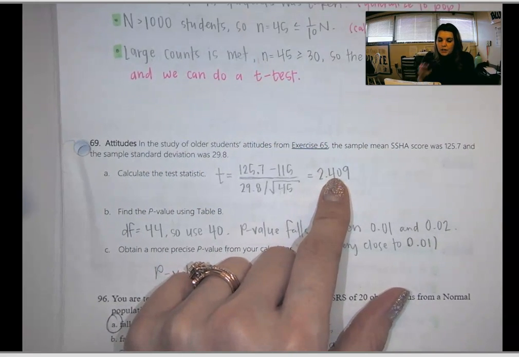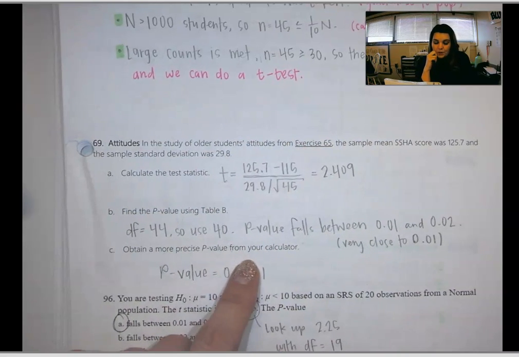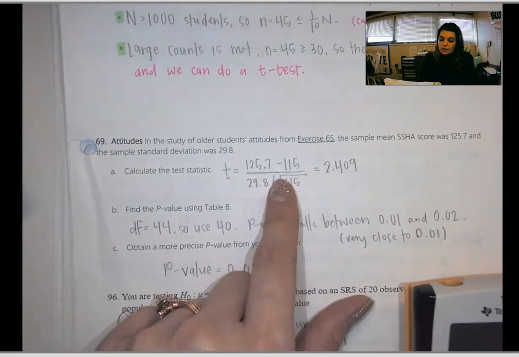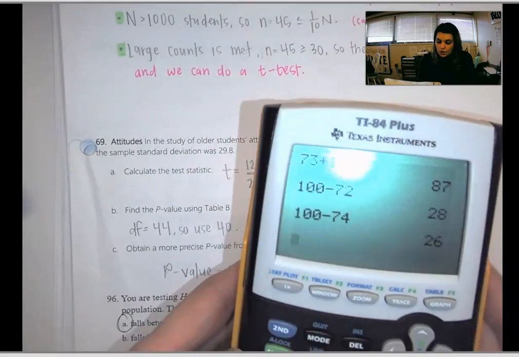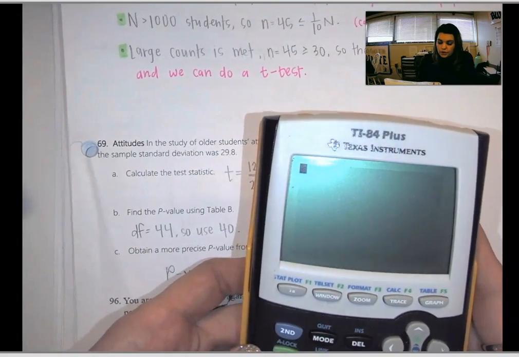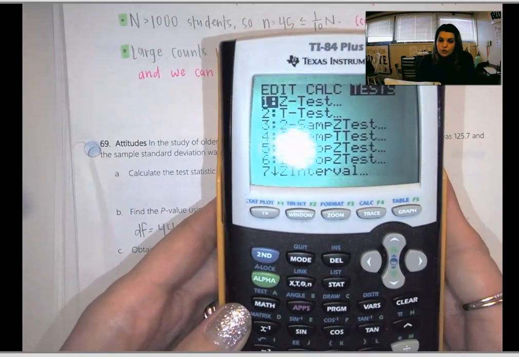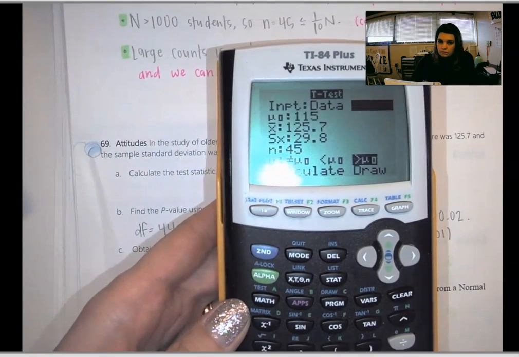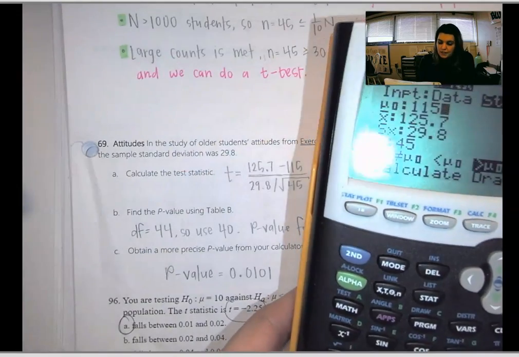Okay, so we calculate our test statistic. And since we know that we're going to need to put this in our calculator, I'm just going to do that now to have my calculator find this for me. So I'm going to go into Stat. I'm going to arrow over to Tests, and I'm going to choose option 2. My null is 115.